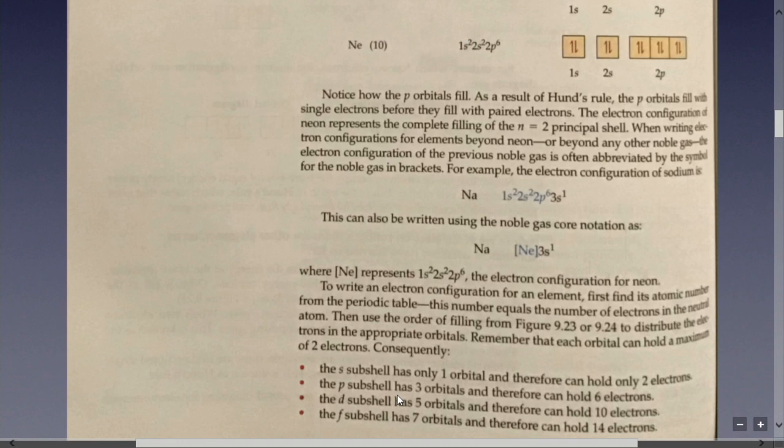And if you have 3 shapes, that's 6 electrons. If you have 5 shapes, that's 10 electrons. If you have 7 shapes, that's 14 electrons, right? 14, 10, 6, and 2. And so this is called noble gas core notation.